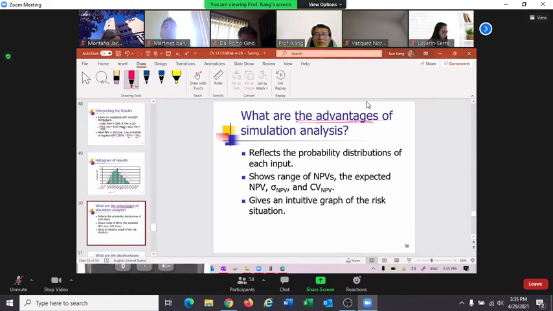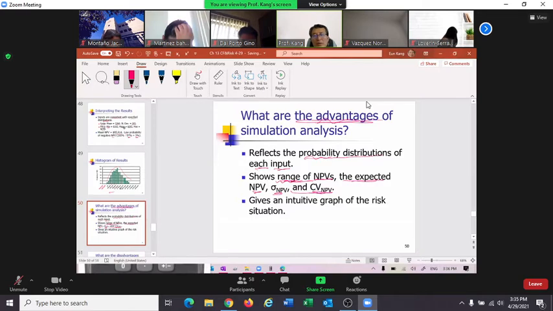Then this slide may be more important. So what are the advantages? It reflects the probability distribution of each input. That is a big improvement over scenario analysis, right? For each input, you have a probability distribution. And it shows the range of NPVs, expected net present value, sigma and CV. Those are the same as scenario analysis, but this one shows the overall range of NPVs.